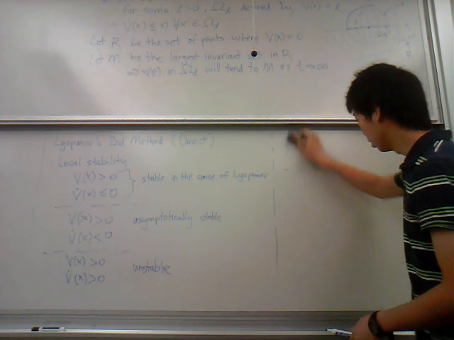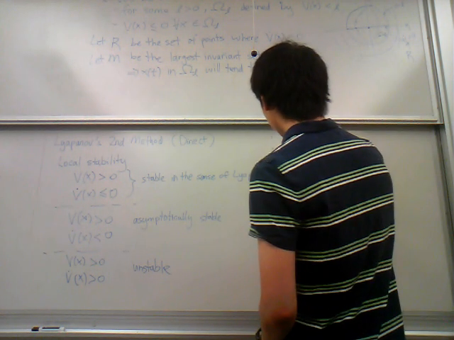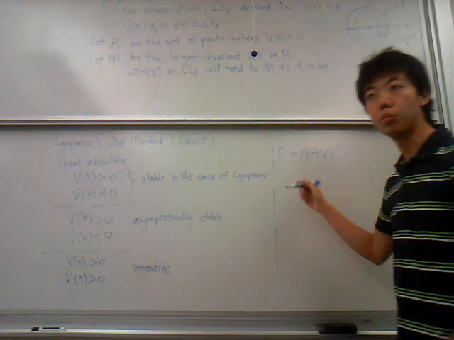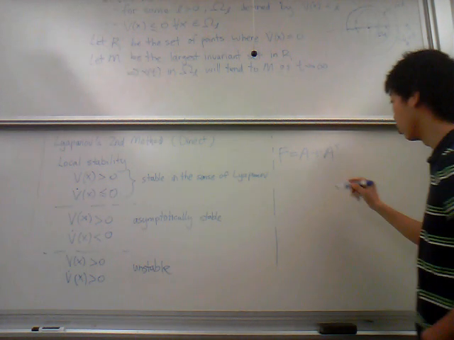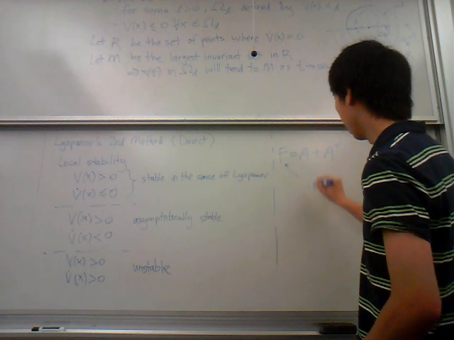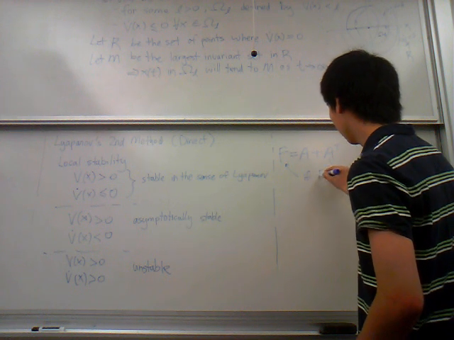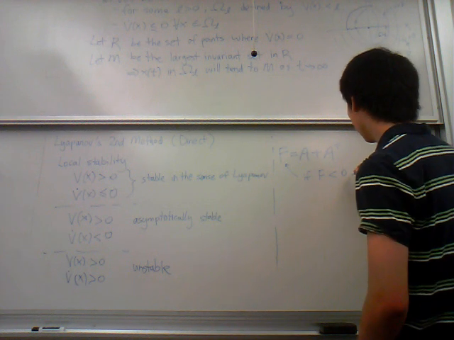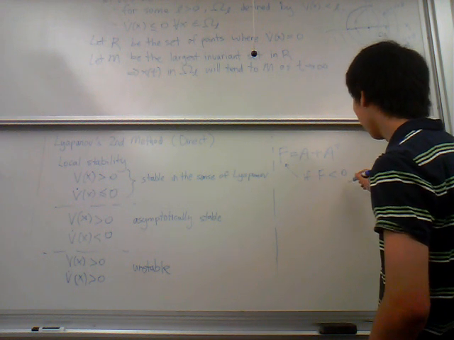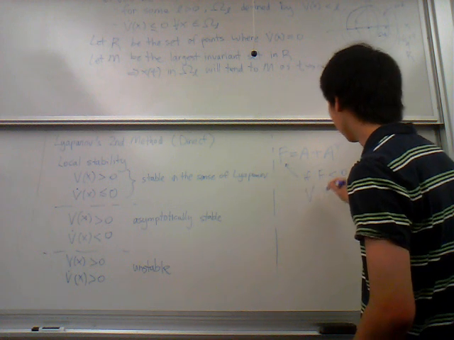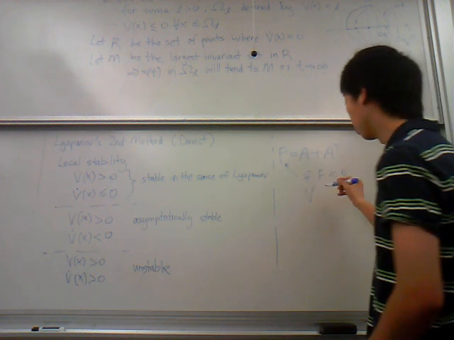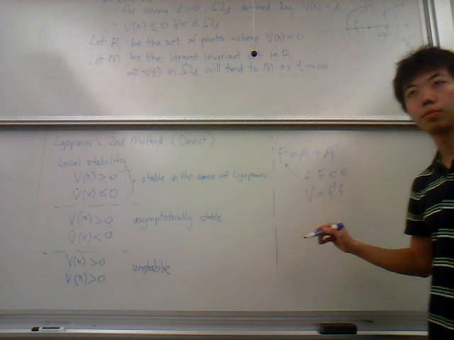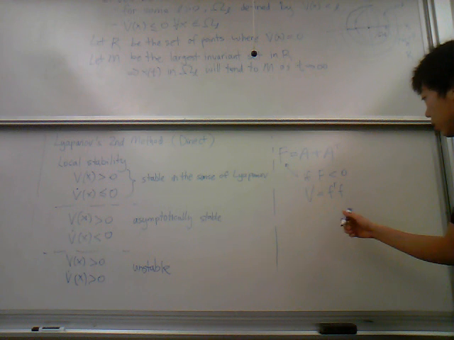So remember, Krasovsky's theorem says that F is A plus A transpose. If F is negative definite, then this is stable and V is f transpose f.